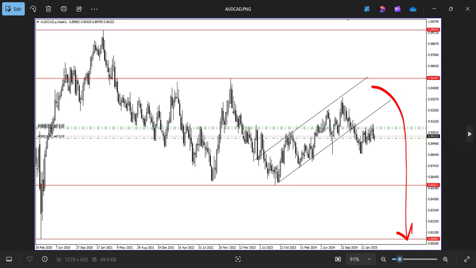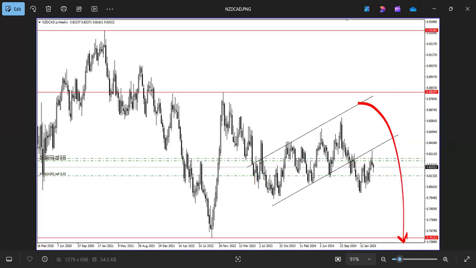Let's look at the next pair, and this is New Zealand dollar, Canadian dollar. On a weekly chart, we can see a move from up to the downside into this zone. We had a move to the upside into this zone and a move to the downside, then a move to the upside, which formed an equidistant channel pattern like we saw with Australian dollar, Canadian dollar.